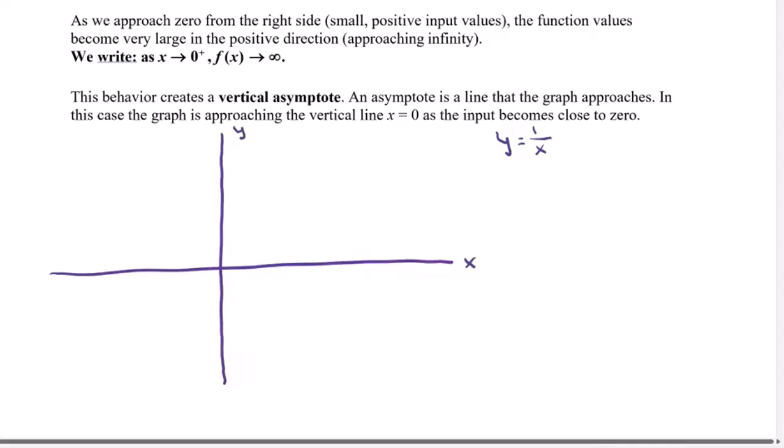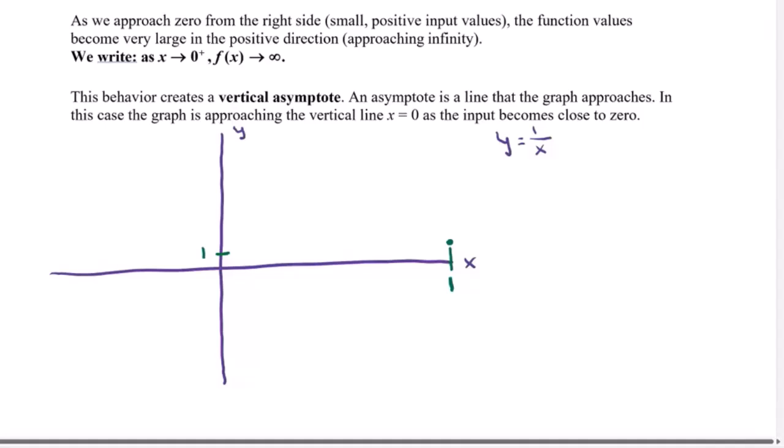Now, I'm going to do something that's going to look a little strange. It's not going to be proportional. So let's call this 1, and we're going to call this 1. Okay? So when x equals 1, y equals 1, we have our point right here.